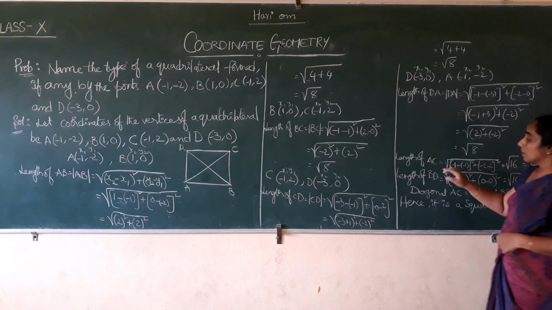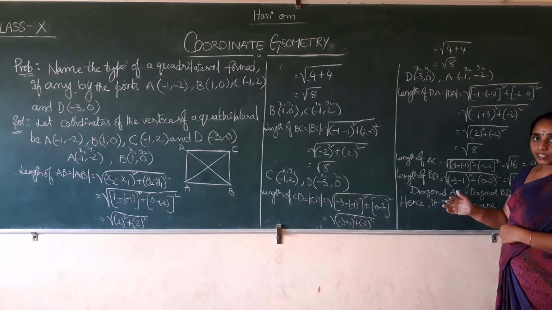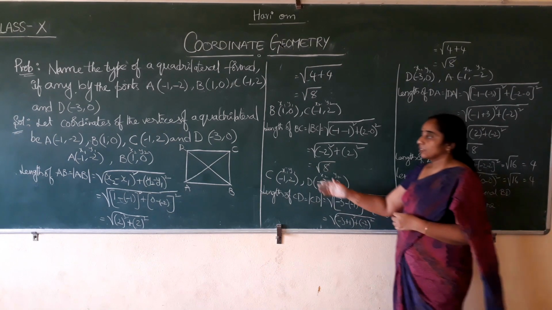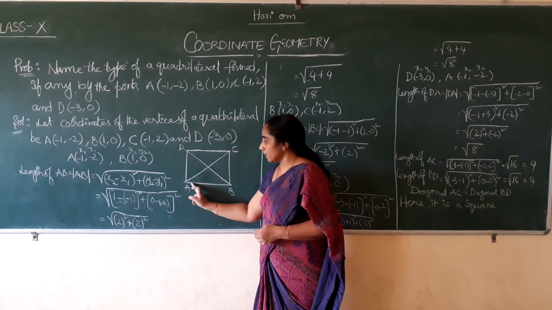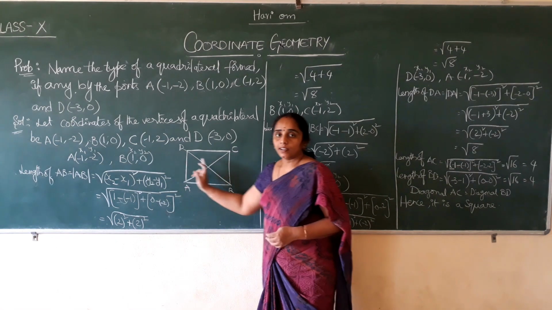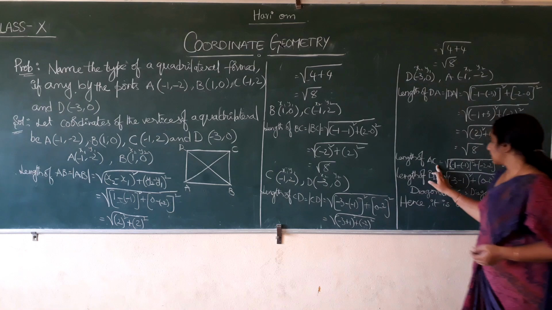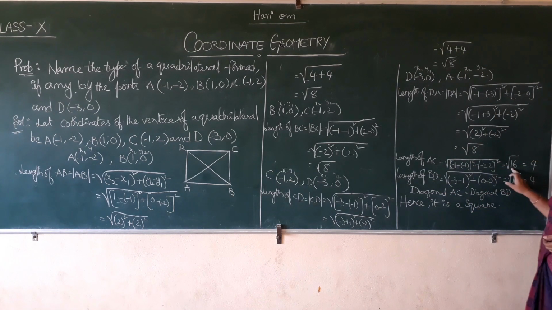So again I am going to check length of two diagonals, AC and BD. Here the length of AC is root 16, that is 4 units. Length of BD root 16, 4 units.